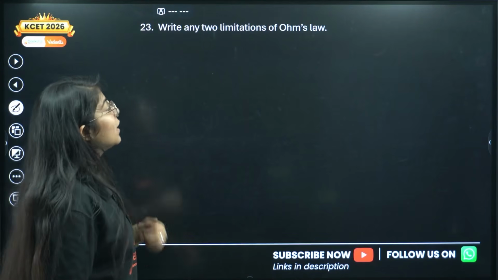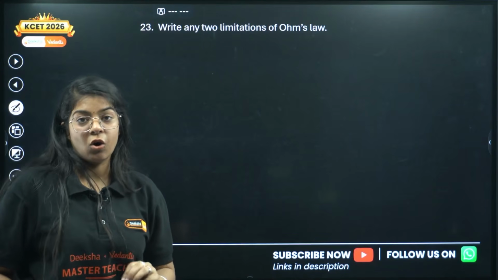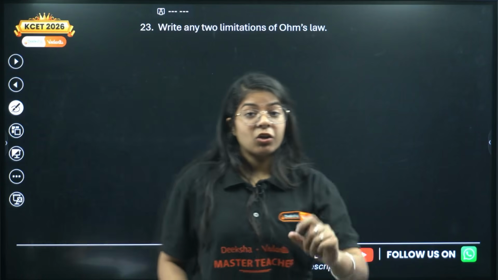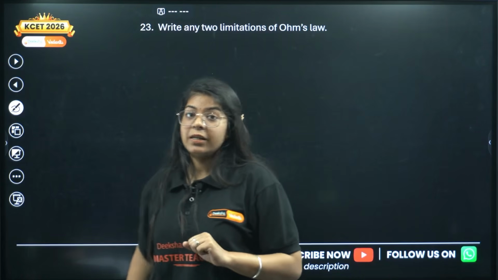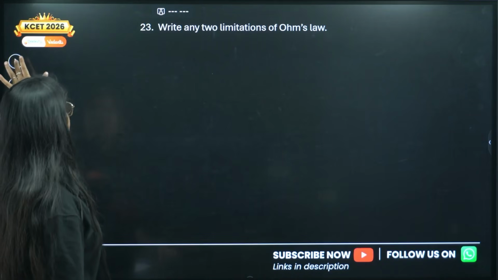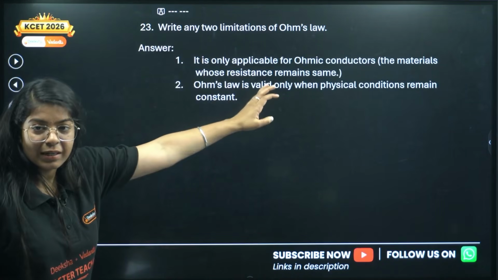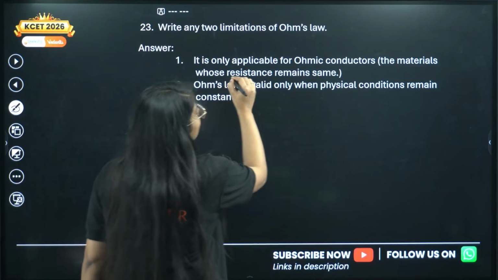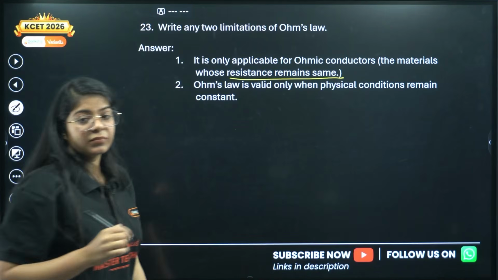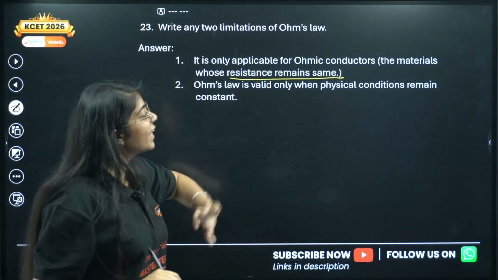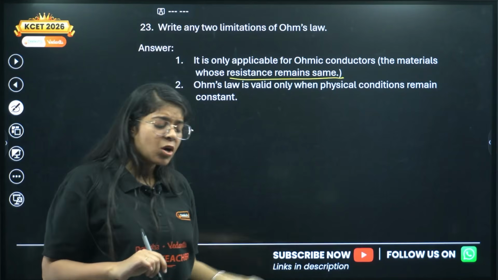Write any 2 limitations of Ohm's law. So Ohm's law, we know, is a very important law in our whole electricity department, but 2 limitations are: it is only applicable for ohmic conductors. What are ohmic conductors? Those for which the resistance remains the same. And the second thing, Ohm's law is valid only when physical quantities remain the same.